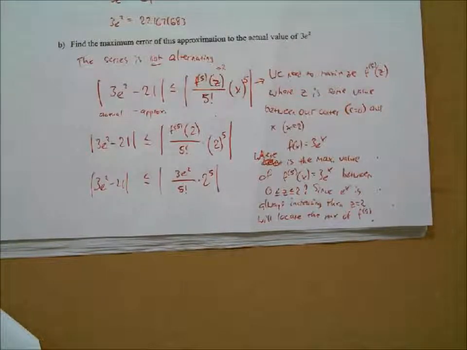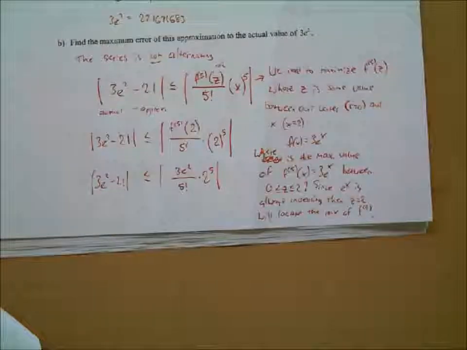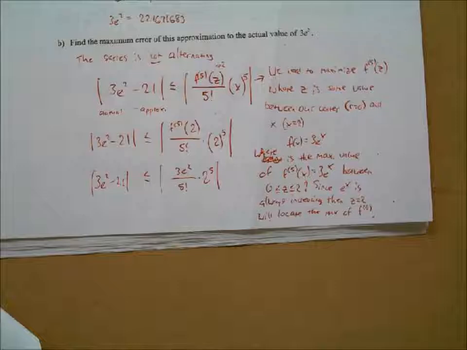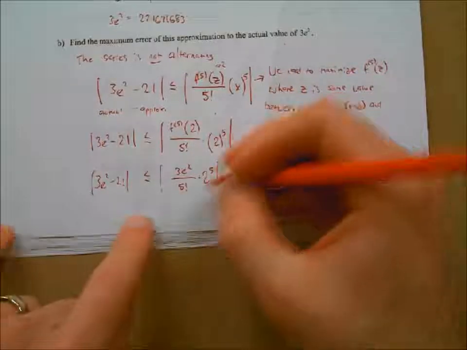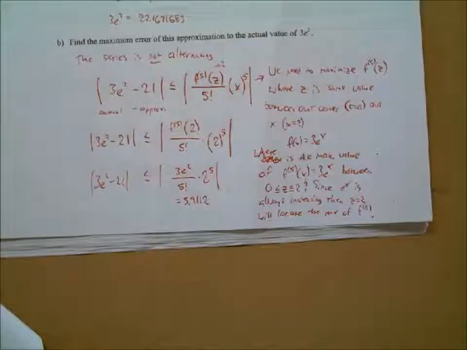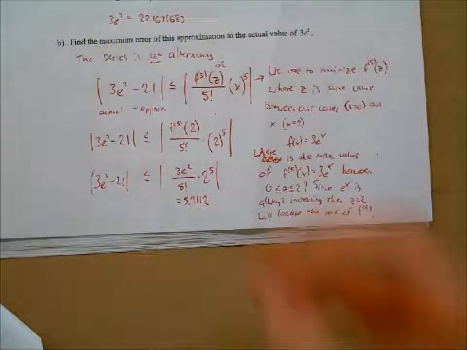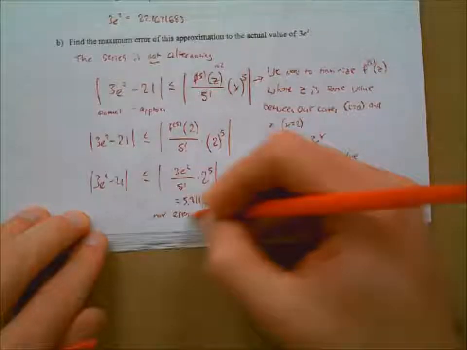Which, if we give an actual value for this, let me do that here. 3e squared divided by 5 factorial times 2 to the 5th. All right, and we get about 5.9112, we'll say. So that is our error approximation. Max error approximation, I'll say.